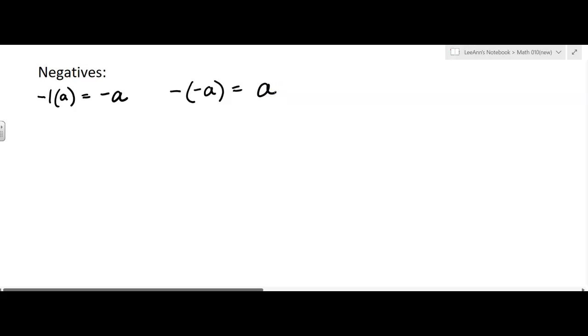We could keep working on that, but we won't. Okay, if you have the opposite of a times b, that's just going to equal the opposite of whatever a times b is. And then similarly, if you have a times the opposite of b, that's not subtraction there, it's multiplication. It's also going to equal the opposite of ab.